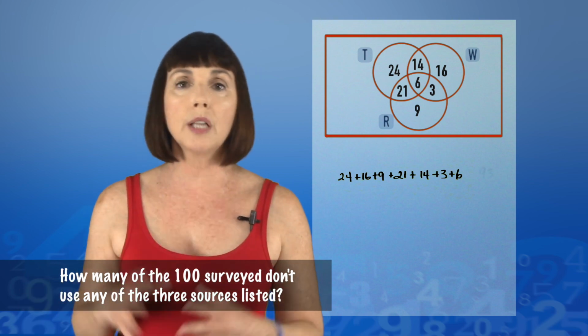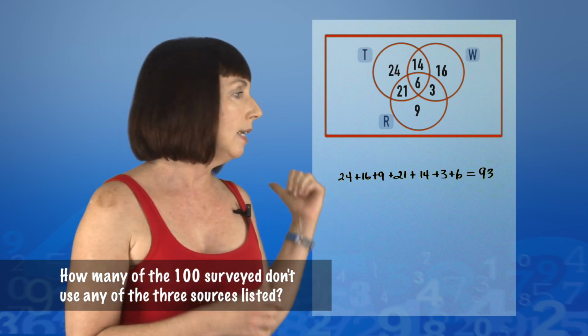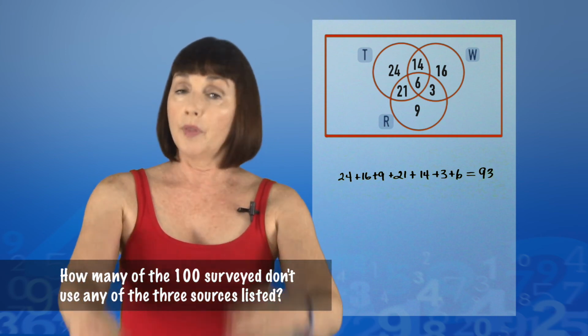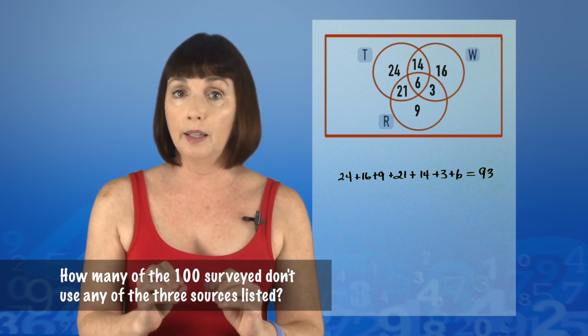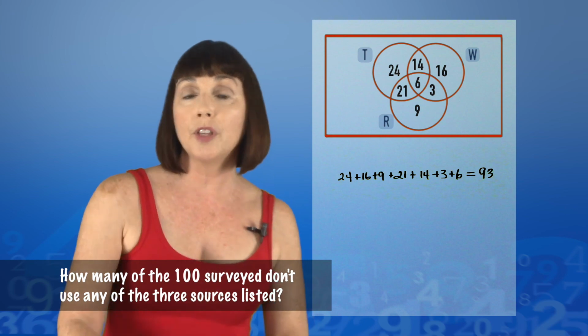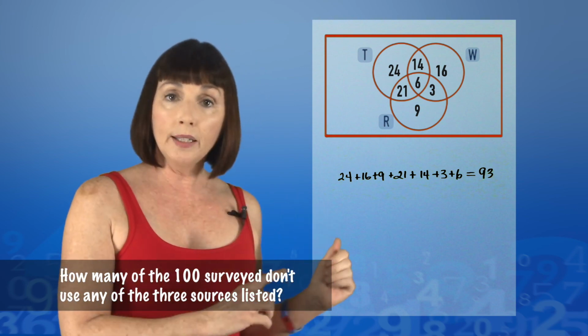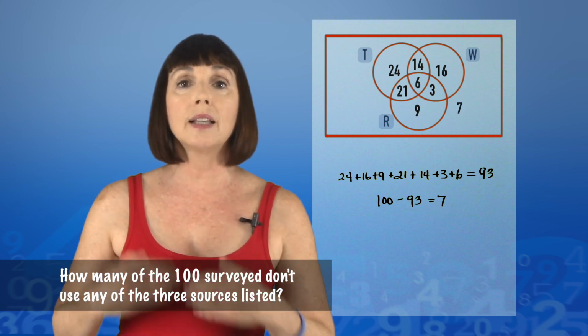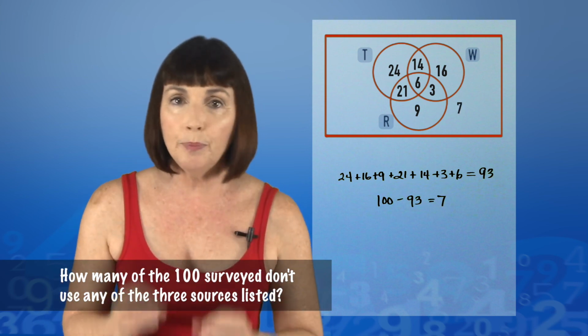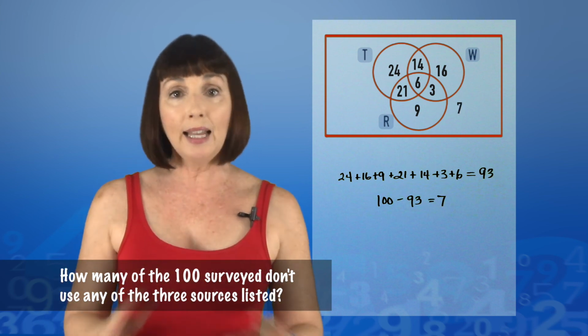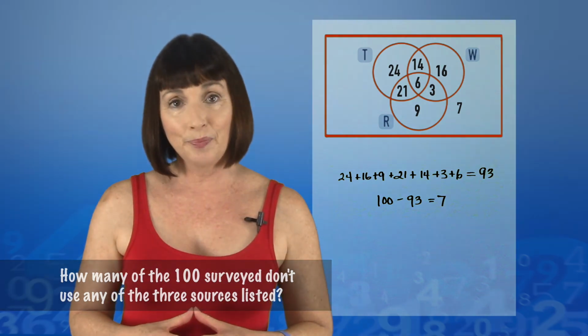And when we add all those up, we find that it equals 93. Now, there were 100 people surveyed, but only 93 of them are represented in our diagram. So 100 minus 93 leaves us 7. So 7 people surveyed don't use any of the 3 sources listed.